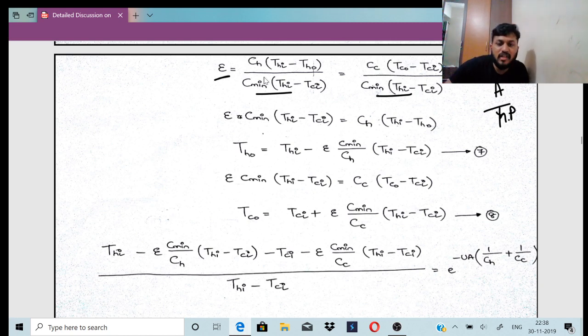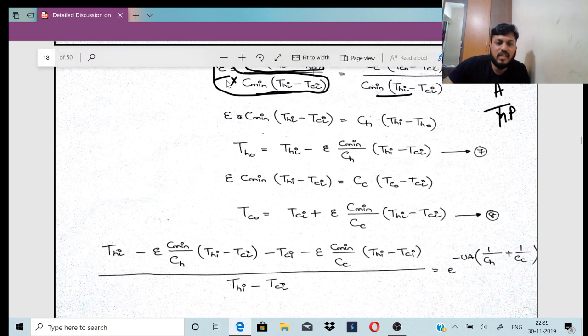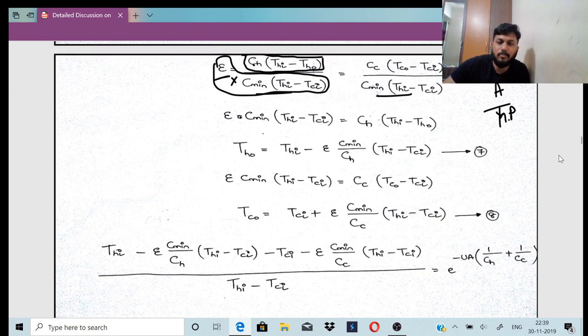Now we will try to find out, okay, Ch का value. तो Ch into (ThI minus Th naught). Okay, what is this value? This value will be equal to the multiplication of these both values, right? Similarly, Cc into (Tc naught minus TcI) is the multiplication of both these values.